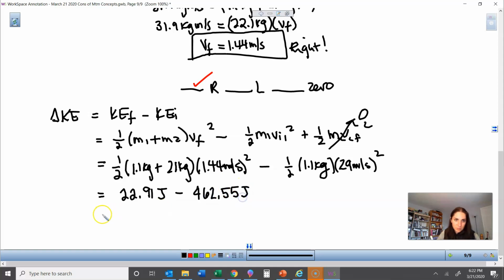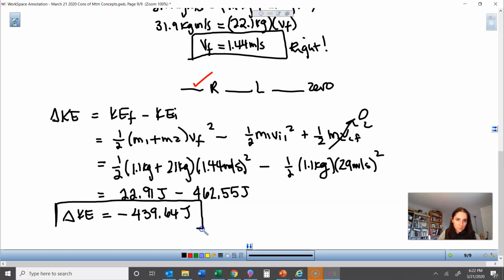Yeah, so as you can see, we're going to lose energy. And there you have it. So this is a huge loss, which is expected.